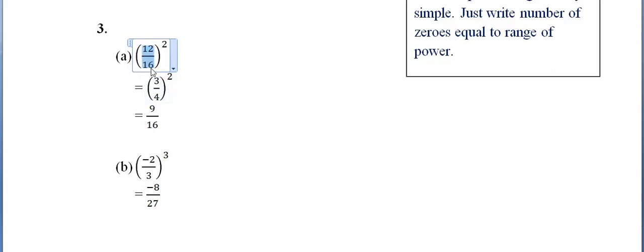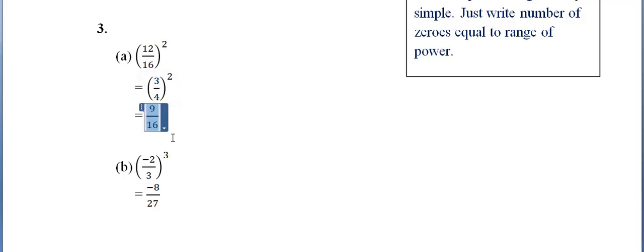You just have to find the HCF. So what is the HCF? The HCF is 4. So 4 3s are 12, 4 4s are 16. So you will write the number as 3 by 4 to the whole square.